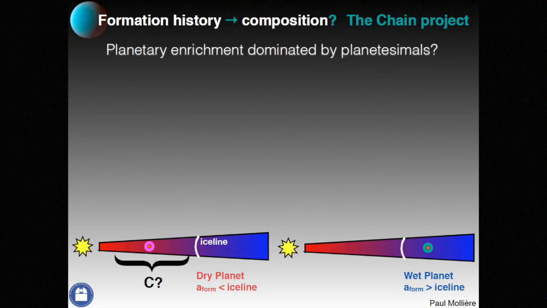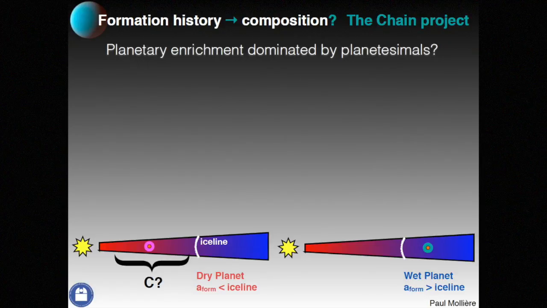One was called the dry planet, one was called the wet planet. If you see the protoplanetary disk from the side, the dry planet is a planet that forms inside the ice line in the protoplanetary disk. That's why it's called dry, because the planetesimals do not have any water or volatile ices in them.